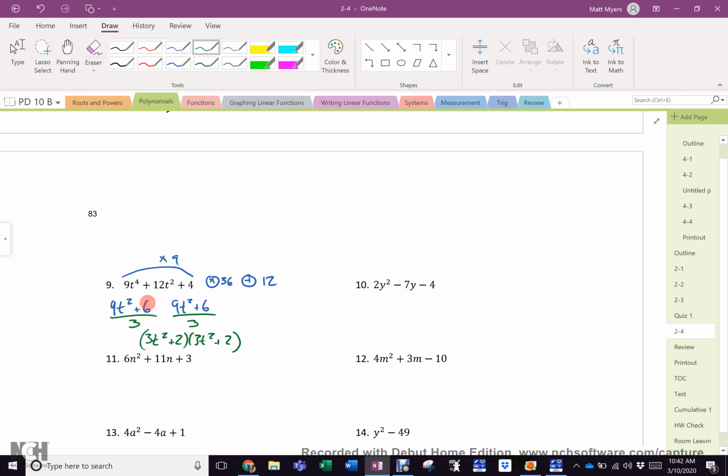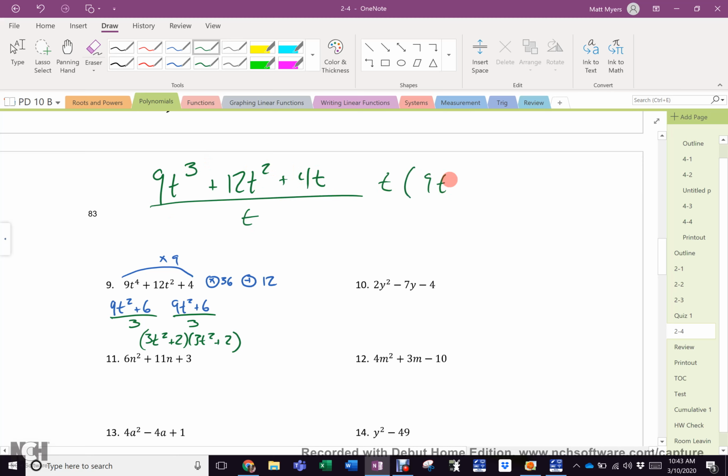So the question asked was, what if this was 9t cubed plus 12t squared plus 4? Could you do it? No, because that doesn't break down. Could you do it if it was that? Because what would you do? You'd take out a t, and you'd be left with 9t squared plus 12t plus 4. Could we do that? Yes.